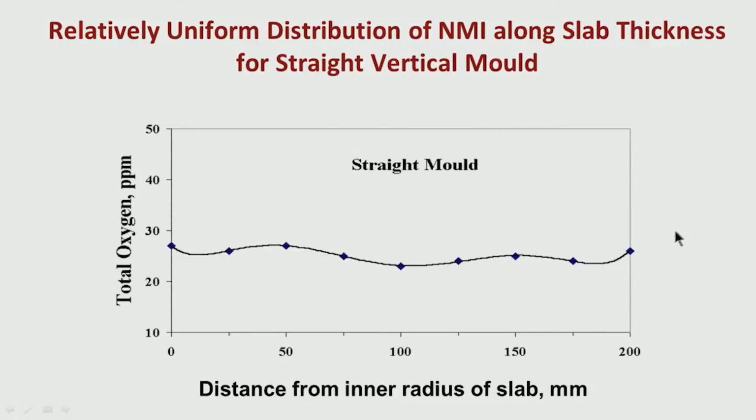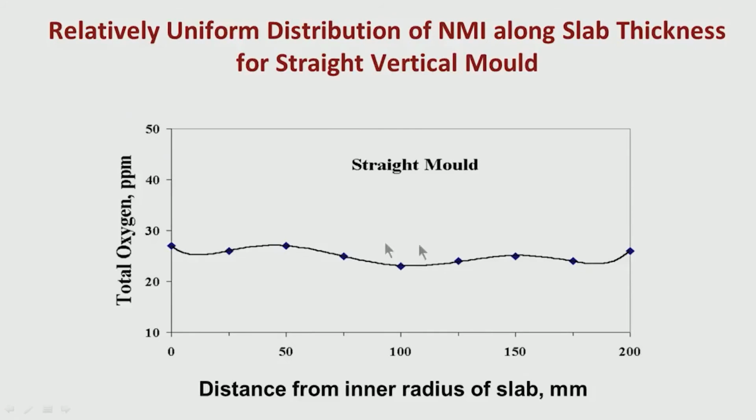This is important, how we have analyzed this: we drilled samples. It is a 200 millimeter thick slab. From the surface we drilled, then went in, say, 25 millimeters, drilled again to get a sample, then drilled another 25 millimeters and took a sample.